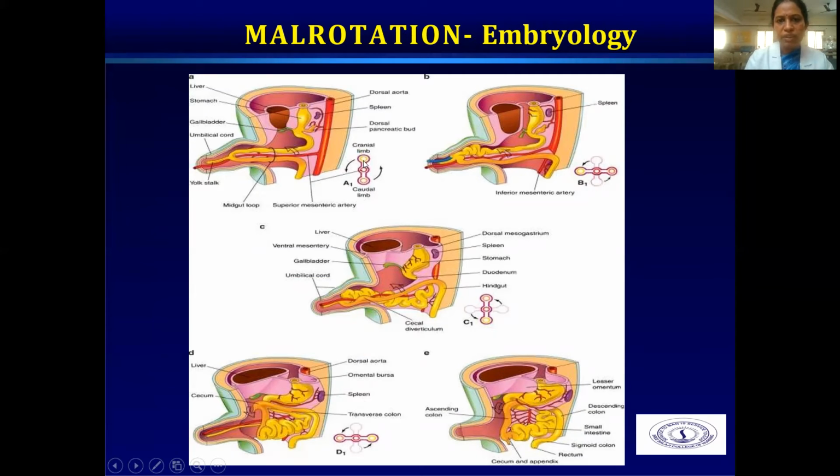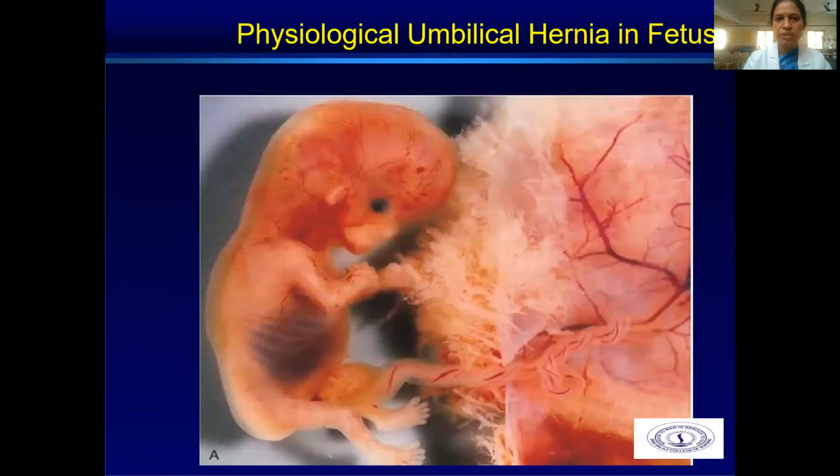Here, between the cranial limb and the caudal limb there is a malrotation, and then you see the defect which is carried throughout the intestine, and then the defect is seen in the lesser omentum. So this is how the defect of malrotation takes place.